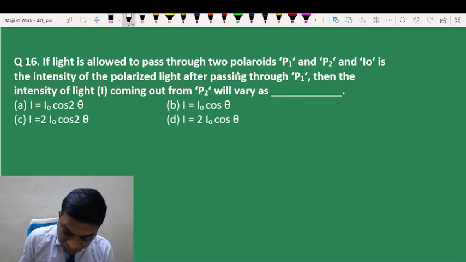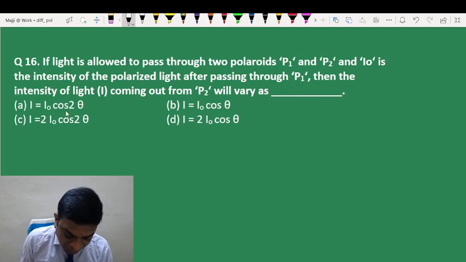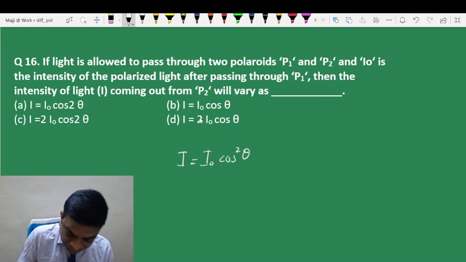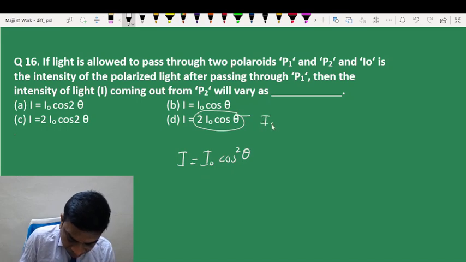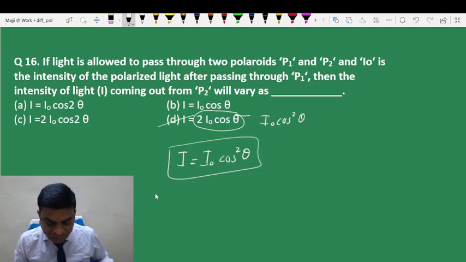So I will be equal to I naught into cos square theta. I am sorry students, here this square should be here. So this is the correct answer, I naught cos square theta. This is nothing but according to the law of Malus.